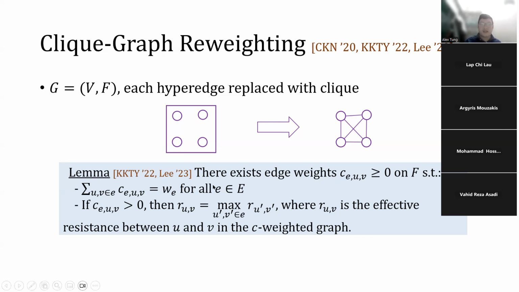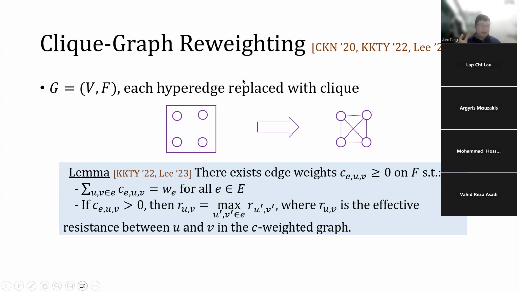The first property says that the sum of the edge weights for fixed E is equal to the weight of the hyperedge. And the second one says that it only assigns weights to edges in the clique graph with the maximum effective resistance in the hyperedge.